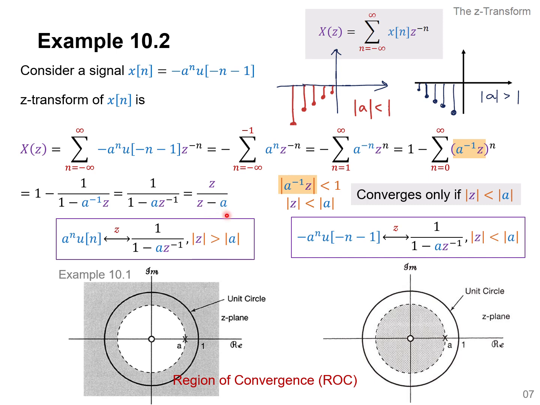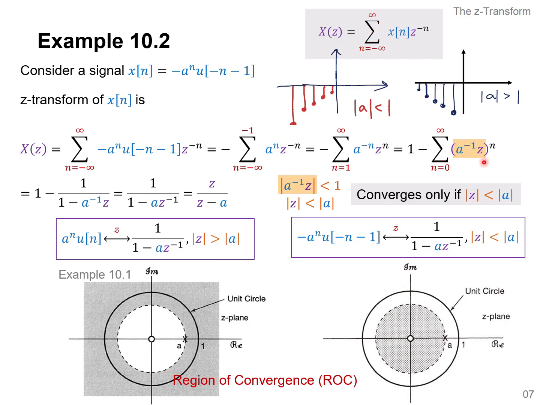This result is the same as example 10.1, but the absolute value of a to the minus 1 times z must be less than 1 to make it stable.